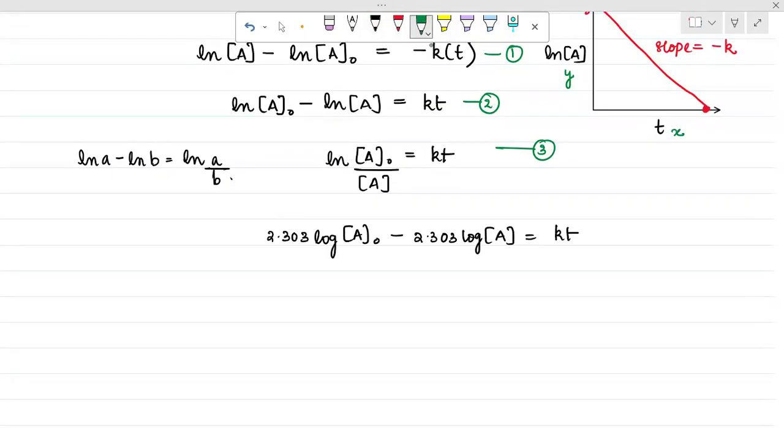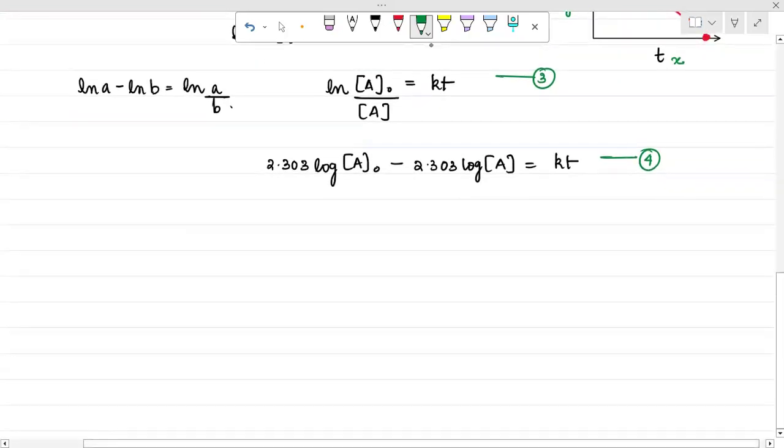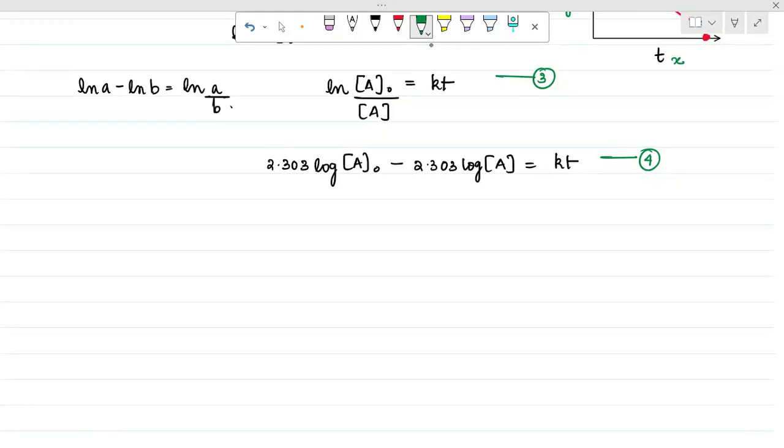This is equation number 4. 2.303 is common, I'll take that out. And again we have log A minus log B. So upon rearranging, what do I get? log A0 by A is equal to kt by 2.303. Easy. This is going to be my equation number 5.